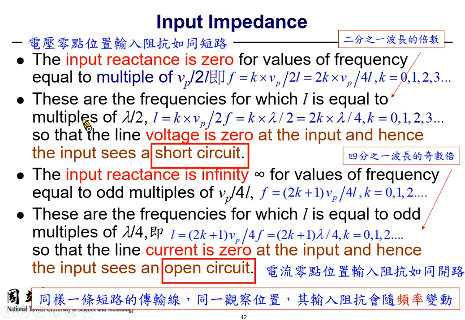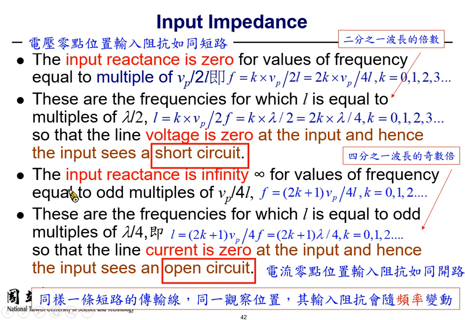On the other hand, the input impedance is infinity when the value of frequency equals odd multiples of Vp over 4 times L, which means the length happens to be an odd multiple of quarter wavelengths. That is 1 quarter wavelength, 3 quarter wavelengths, 5 quarter wavelengths.